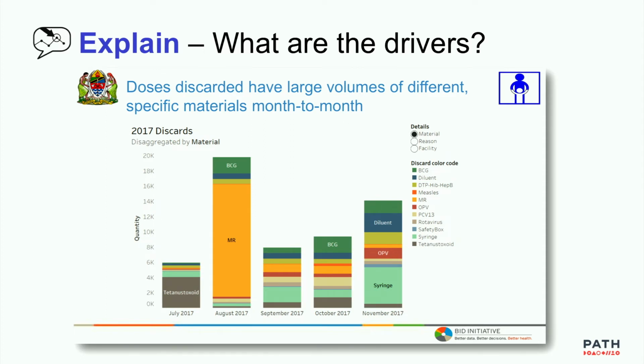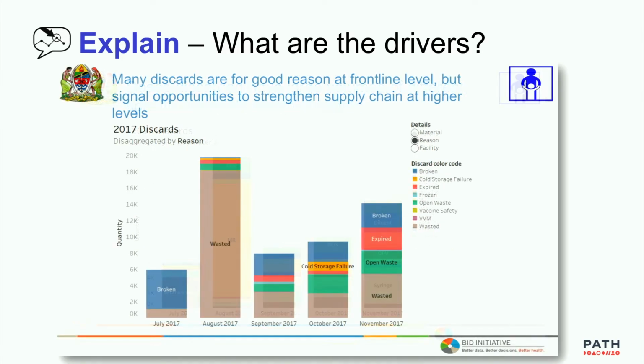That's great. But one of the things this project started to do is overlay the reasons for those discards, and you saw that in the earlier slide in terms of the rows of that data. It started to lay out, okay, so what's actually going on? There are a lot of reasons why you might see wastage in vaccine vials and quantities, and a lot of good reasons for it.